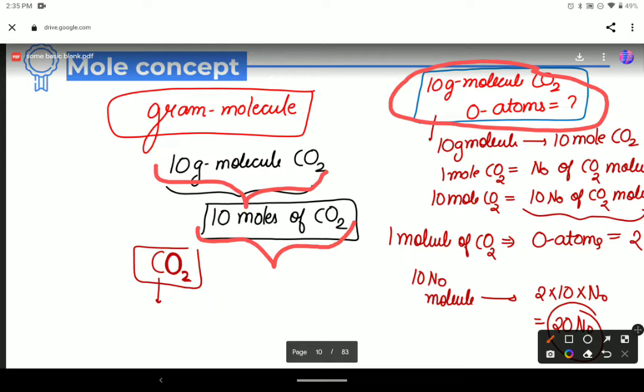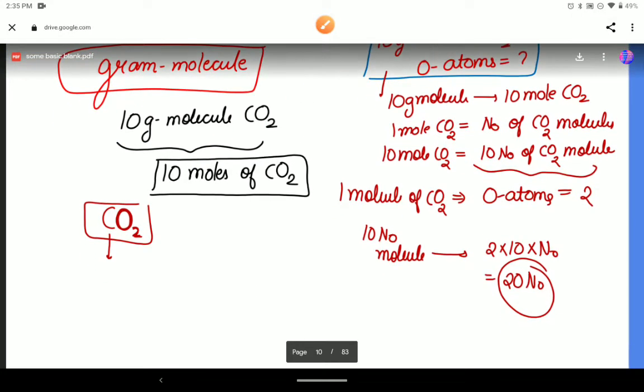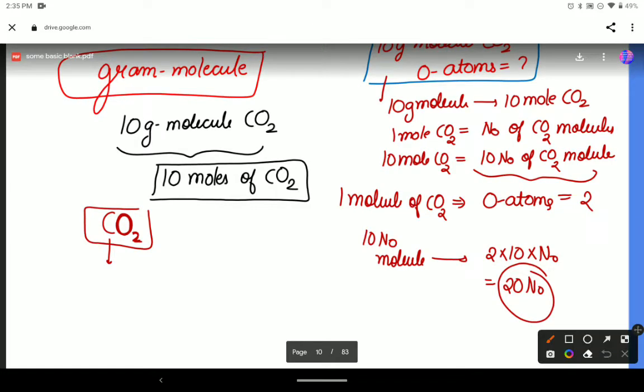1 mole CO2 has Avogadro number of CO2 molecules. Now observe, 10-gram molecule is nothing but 10 mole CO2. 10 mole CO2 is equal to 10 into Avogadro number of CO2 molecules. 1 mole of CO2 is nothing but Avogadro number of CO2 molecules. 1 molecule of CO2 has 2 oxygen atoms.